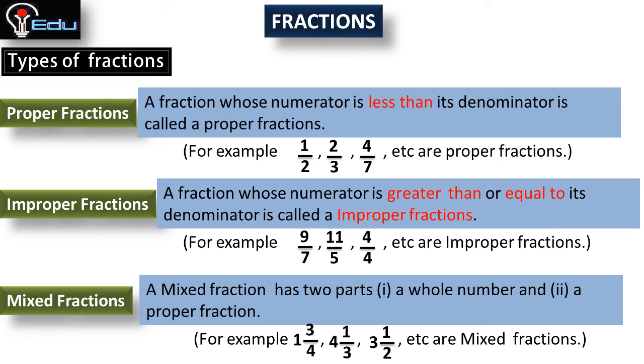Similarly 4 1 by 3: 4 is the whole number part and 1 by 3 is a proper fraction. And similarly 3 1 by 2: 3 is the whole number and 1 by 2 is the proper fraction. These are the types of fractions: proper fractions, improper fractions, and mixed fractions.